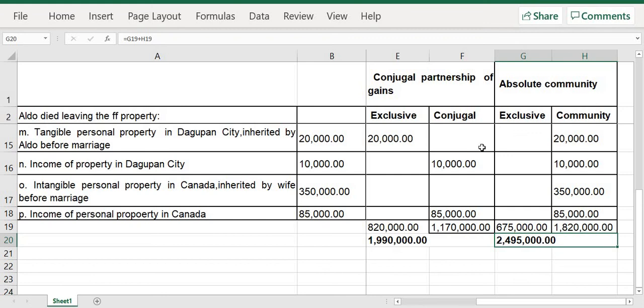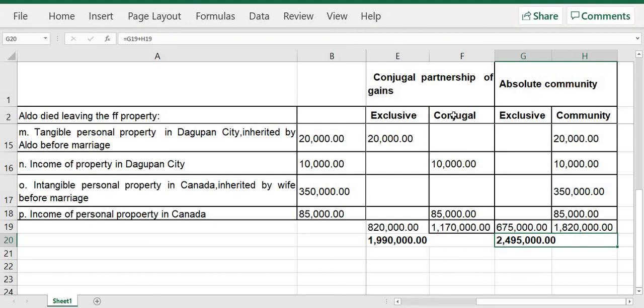Now, bakit sinali natin? 'Di ba if conjugal properties 'yan, therefore merong share dapat si wife. Bakit naging part 'yan ng gross estate ni decedent? So under the tax code, lahat ng conjugal properties at lahat ng community properties will be part of the gross estate ni decedent.